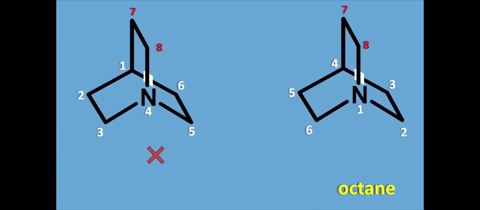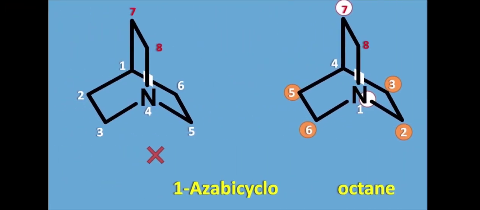So here also the total number of carbon atoms is 8. So we can write it as octane. So it is a bicyclic compound with nitrogen. So we can write it as 1-aza bicyclo.